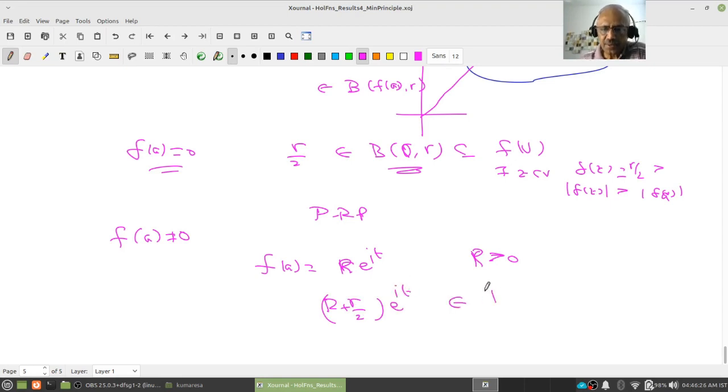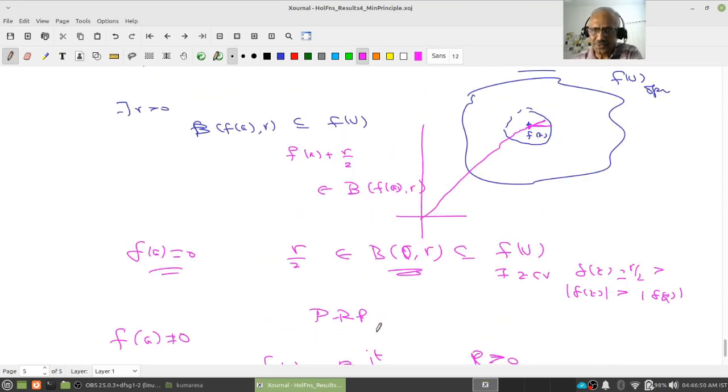This belongs to B(f(a), R). Yes, because what is the distance? Consider this as w. W minus f of a will be R e power i t, that is R by 2 e power i t, whose modulus is R by 2, which is less than R. See, now the picture shows it's exactly the same direction angle. I just have to push it.